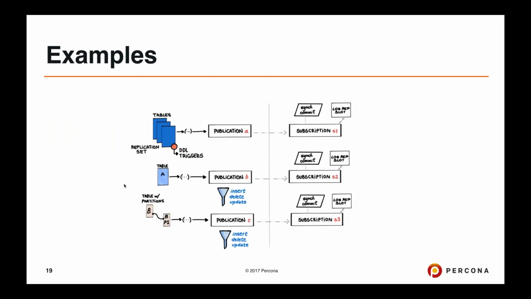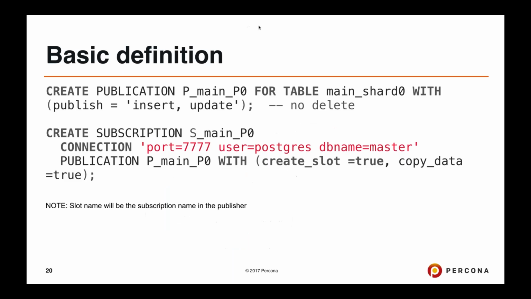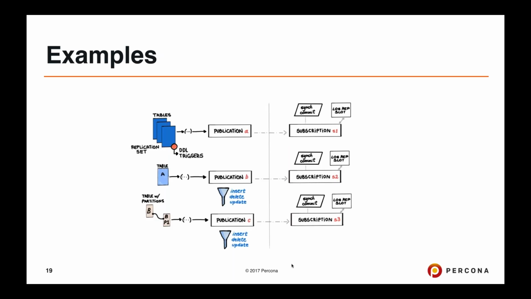Okay, so this is one example, a very brief example of how you can use a publication. The first example has a set of tables that are replicated to, oh, let's see if I can see the pointer.